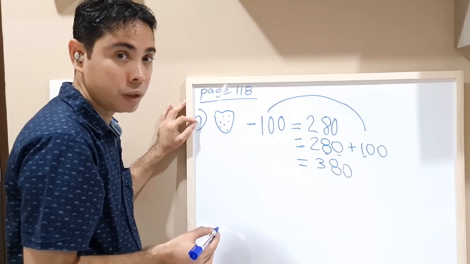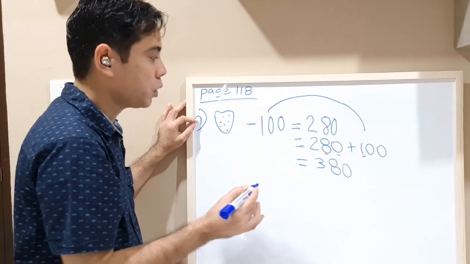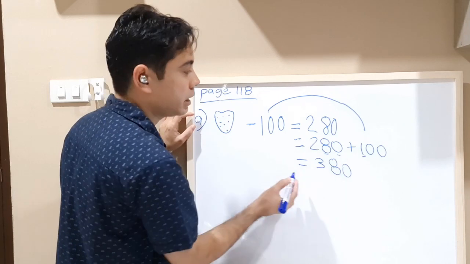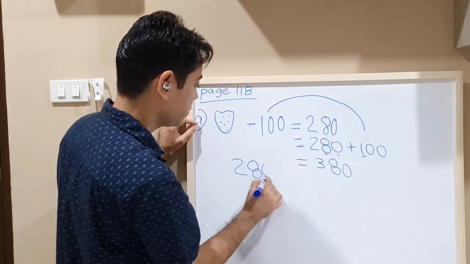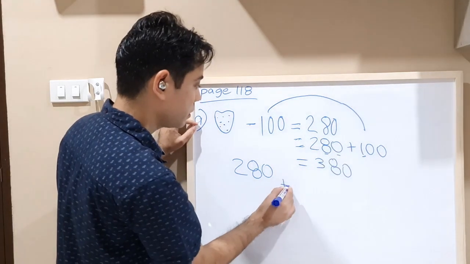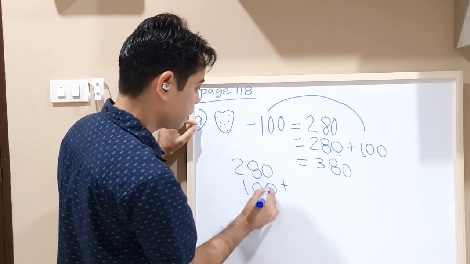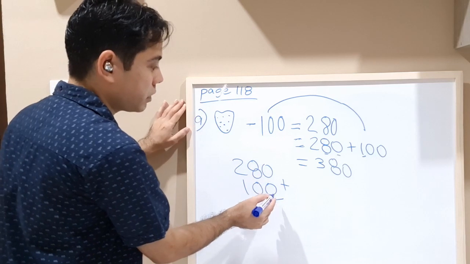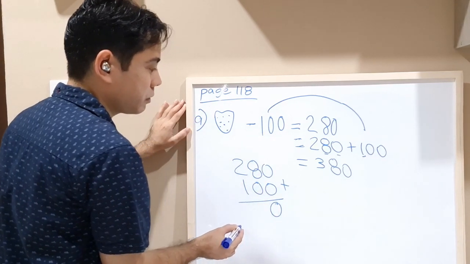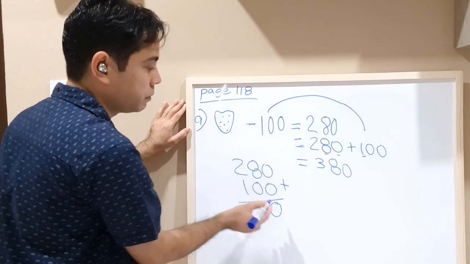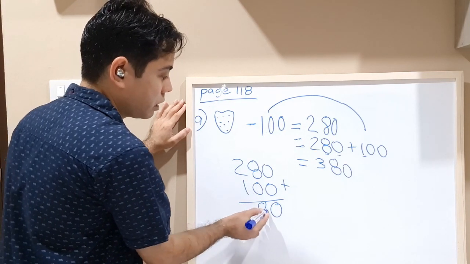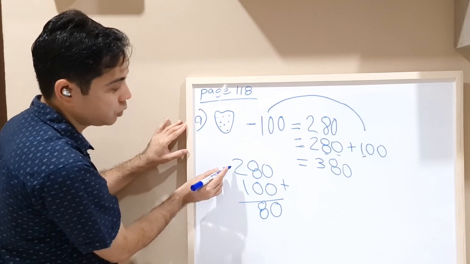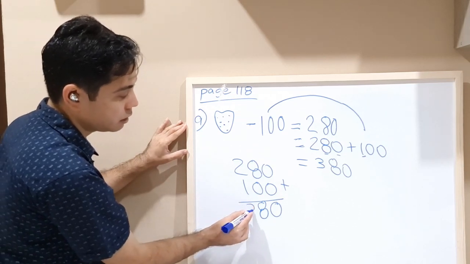If you are confused, I will show you why it's 380. Okay, 280 plus 100. 0 plus 0, 0, right? It's no value. 8 plus 0, 8. And 2 plus 1 is 3.